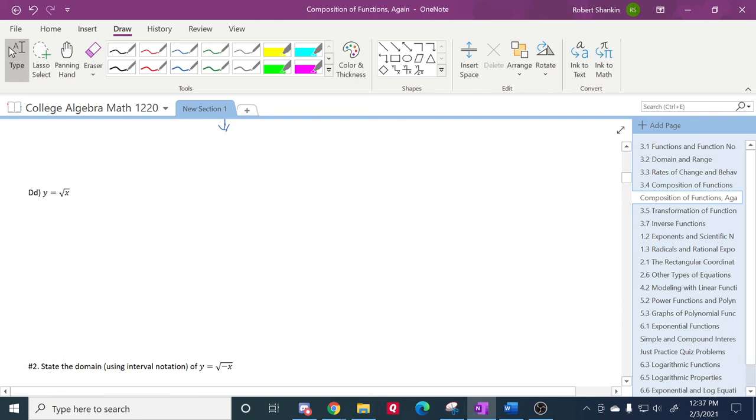Next two. Draw y equals square root of x. Quick rough sketch. Only put points down in the table if you need to.